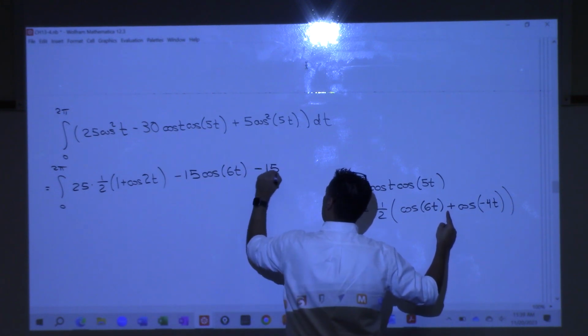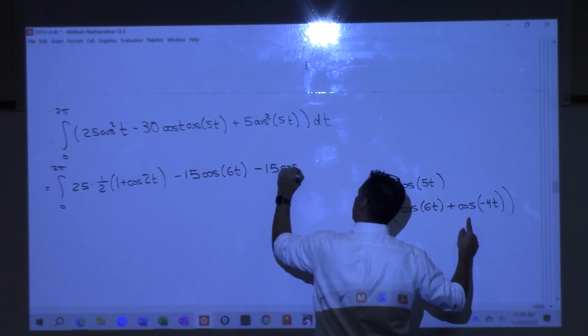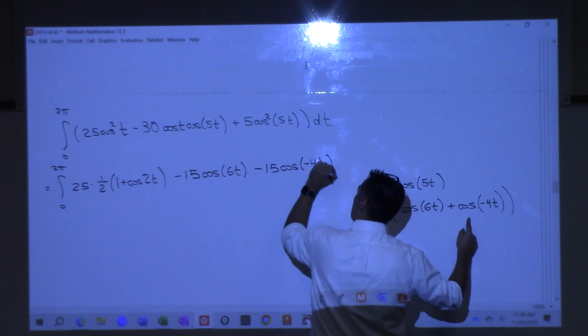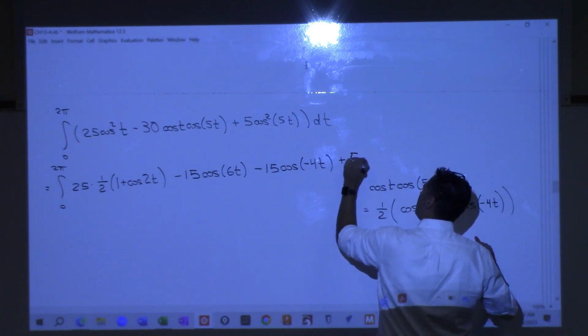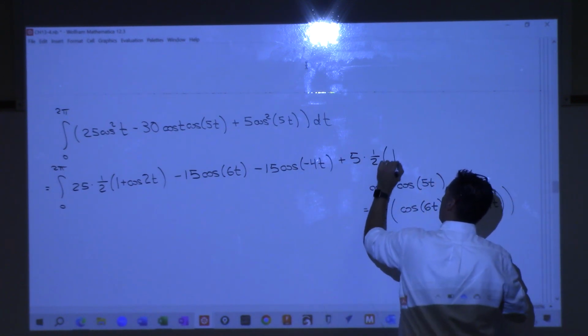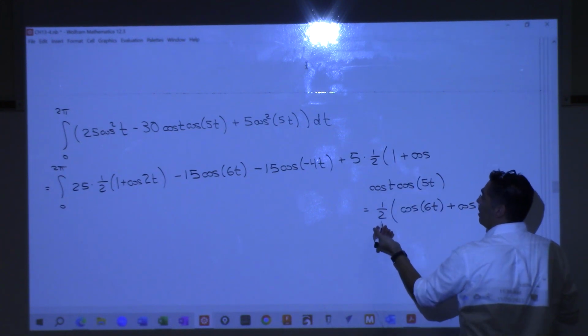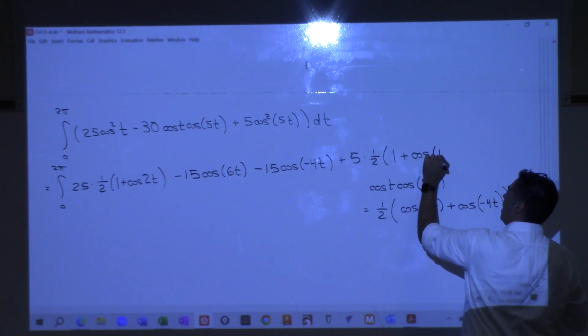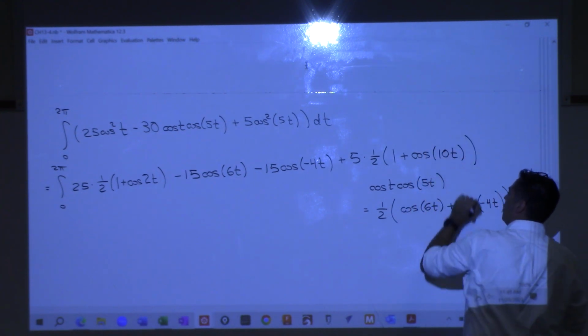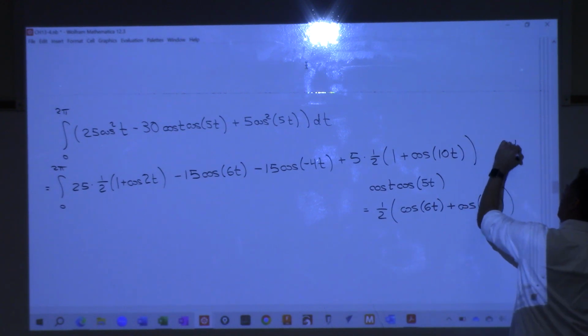So minus 15 again, cosine negative 4t, and then plus 5 times 1/2, and then 1, and then plus cosine of 2 times the argument. So 10t, right there, dt.